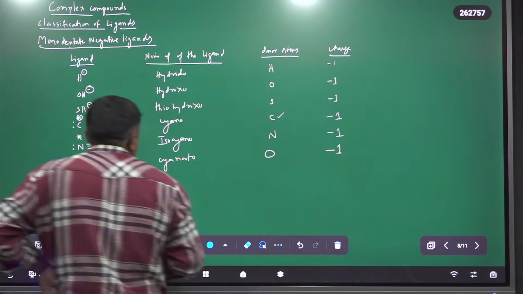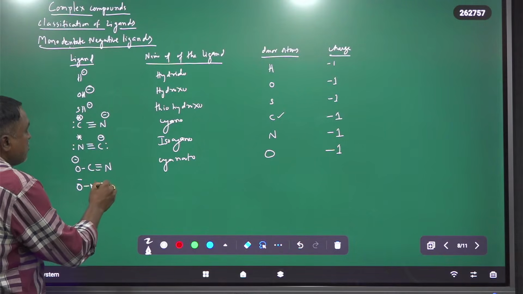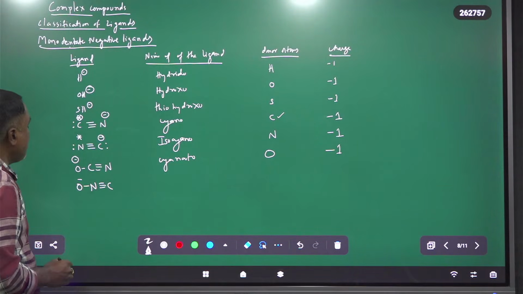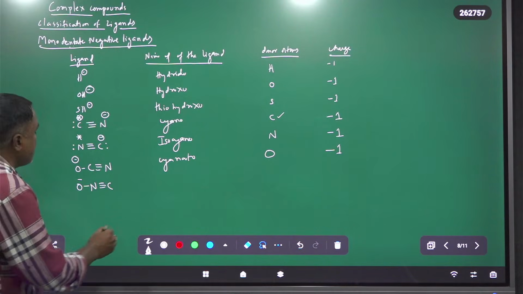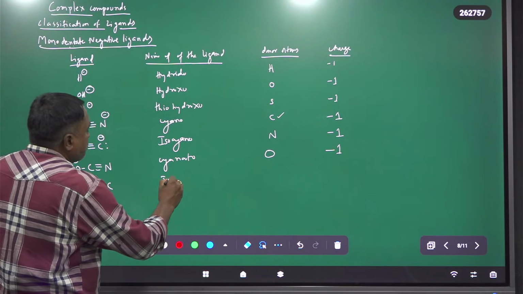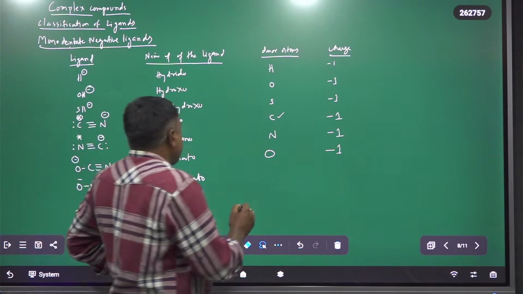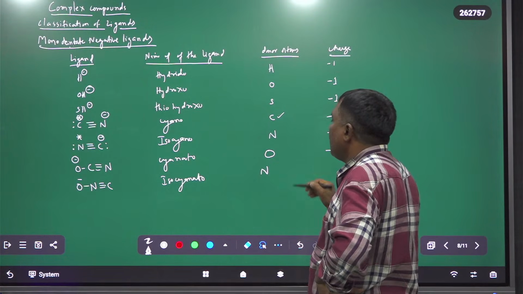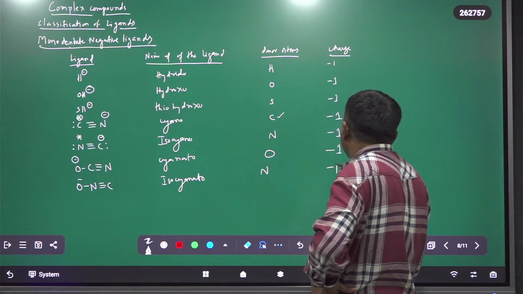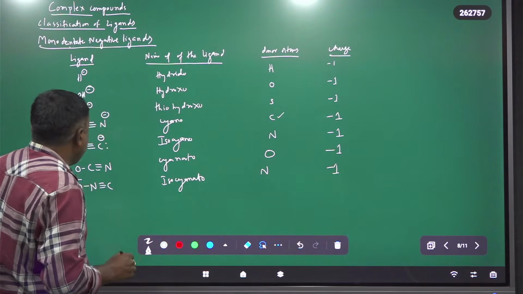Next, isocyaneto is O minus N triple bond C, that is ONC. In this, nitrogen is donating electrons. Nitrogen is the donor atom, and charge on the isocyaneto is -1.